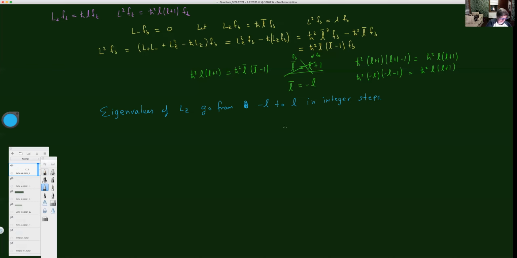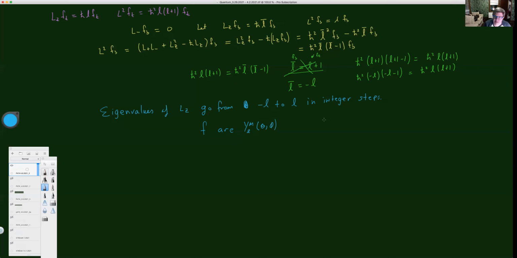Hopefully that's not too surprising. So the functions are the Y_lm that we got before from solving the angular part of the Schrodinger equation, Y_lm of theta and phi.